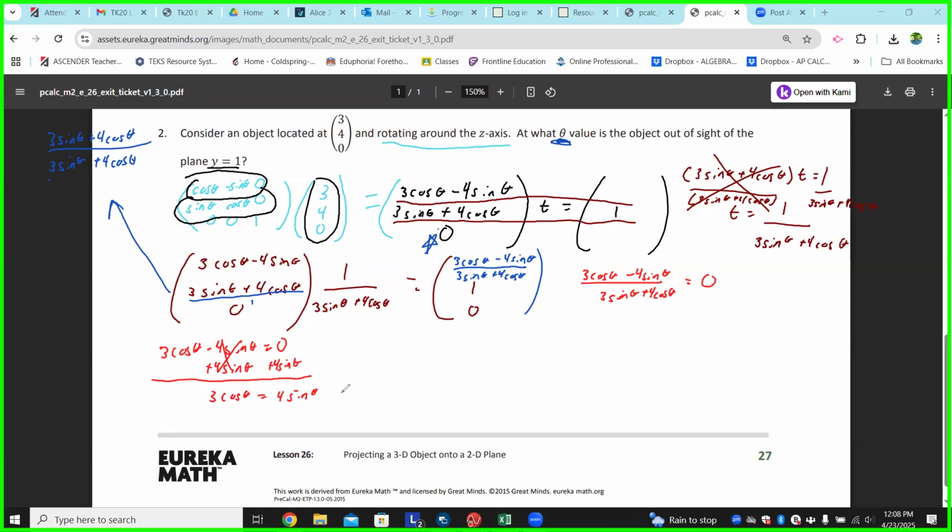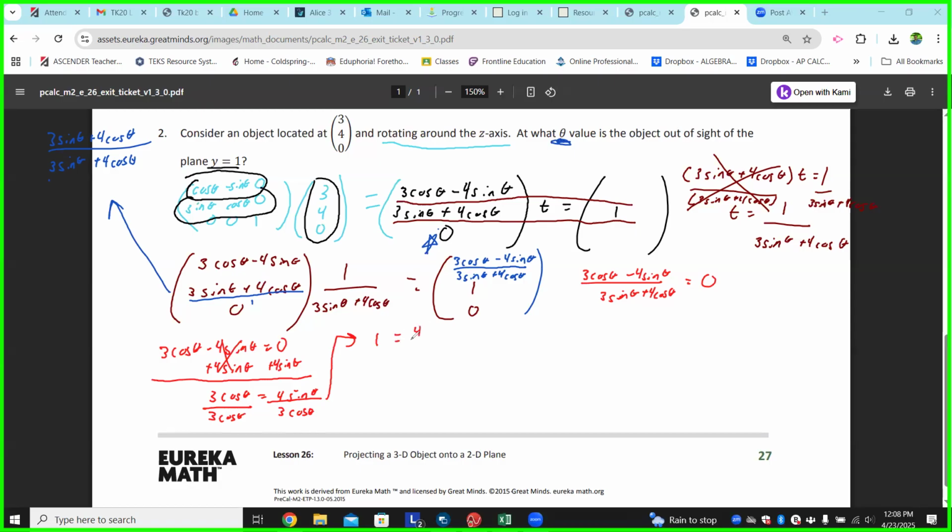We good? I still have too many trig functions, and it doesn't really matter which one you divide by, but I'm going to go ahead and divide by 3 cosine theta. When I do that, what's 3 cosine theta divided by 3 cosine theta? Just 1.